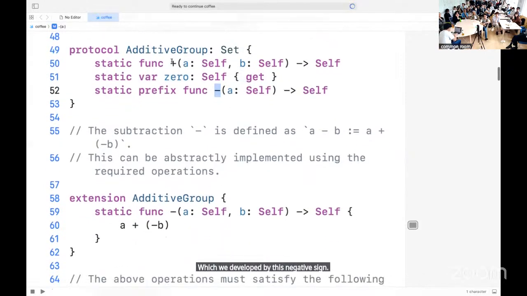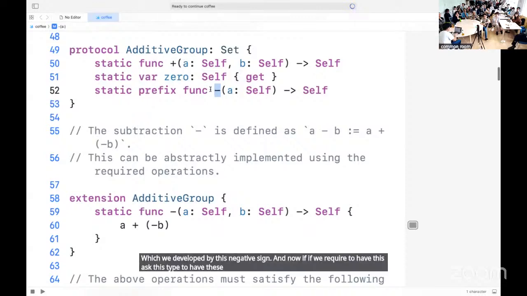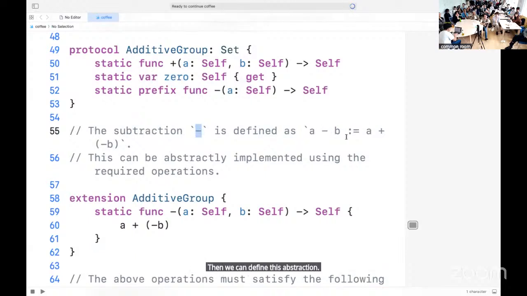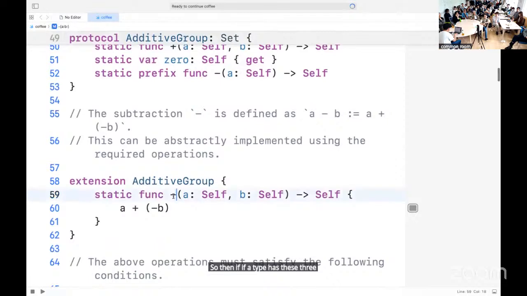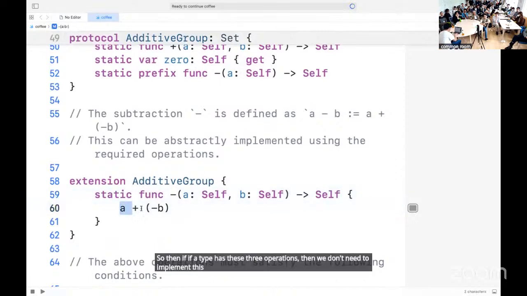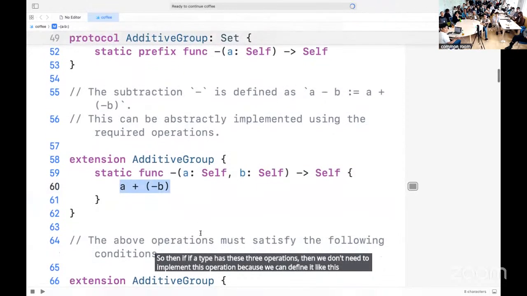And now, if we require this type to have these three operations, then we can define subtraction: A minus B is defined to be A plus the additive inverse of B. So if a type has these three operations, then we don't need to implement this minus operation because we can define it like this.